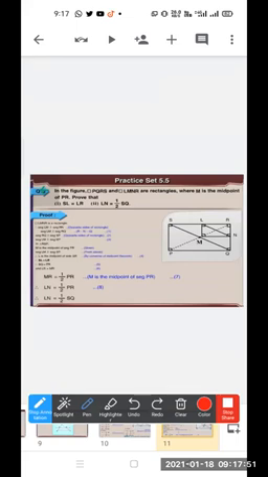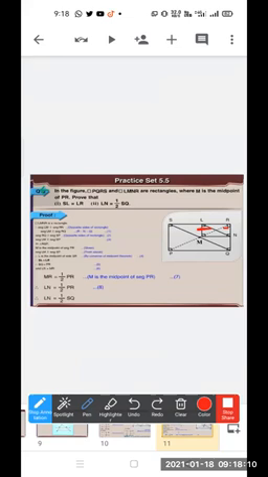So here LM is parallel to RN, segment RN. What is the reason? They are the opposite sides of a rectangle.